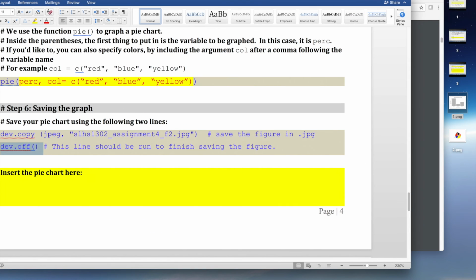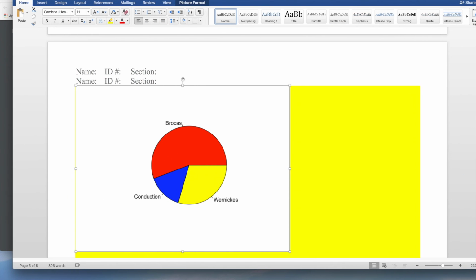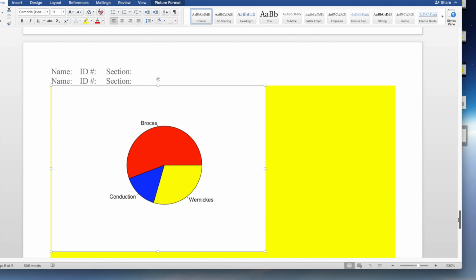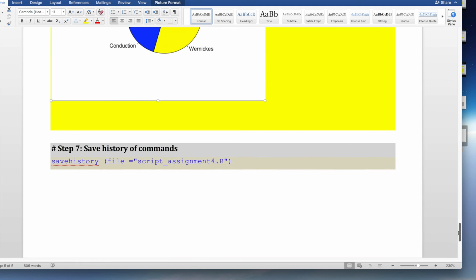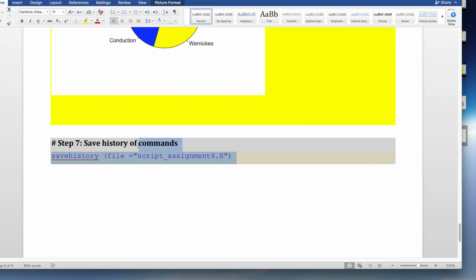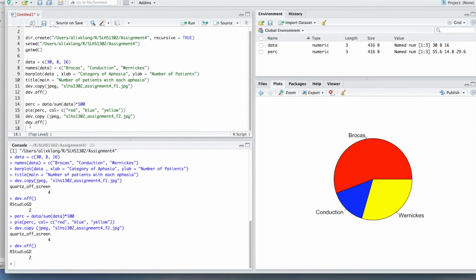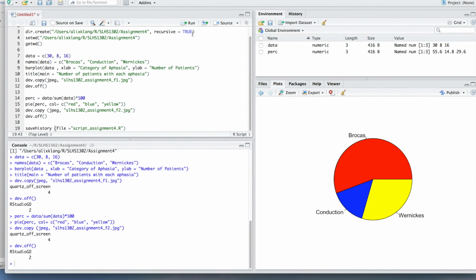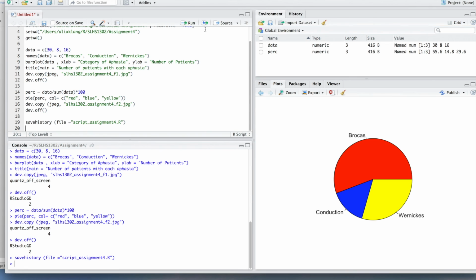And then drag it into our assignment. So the image you should have looks like this. All right, and then lastly, we're just going to want to save our history. So we'll just copy this final code line into R, run that, and that'll save our history into our folder for SLHS1302 Assignment 4.